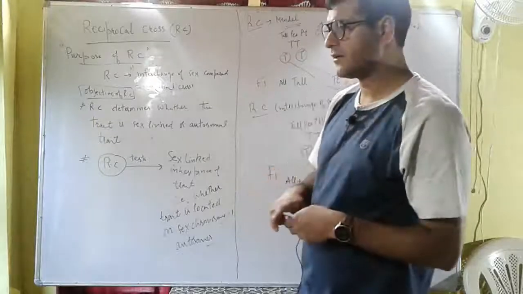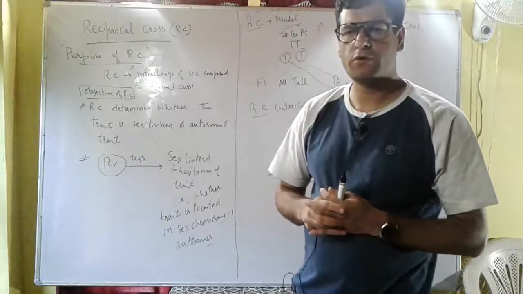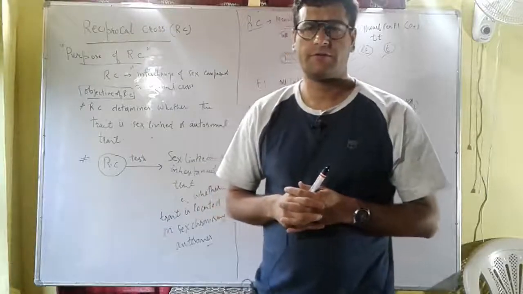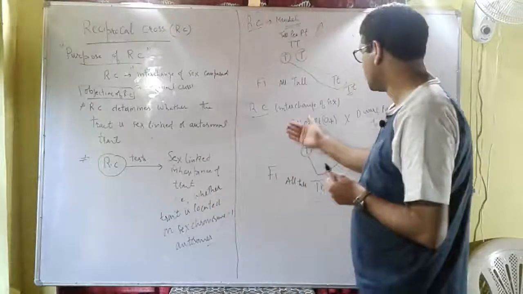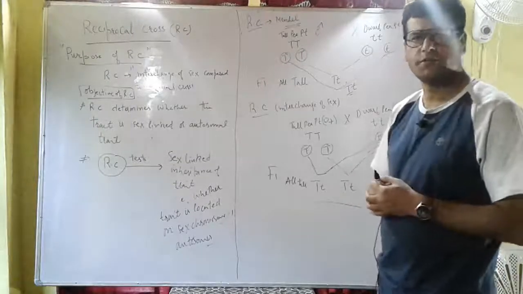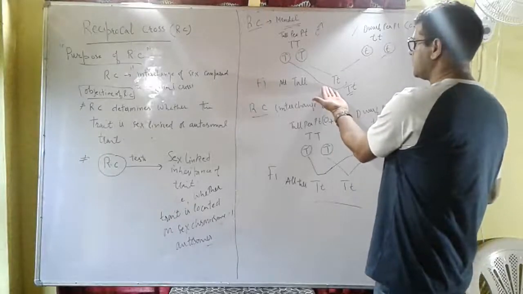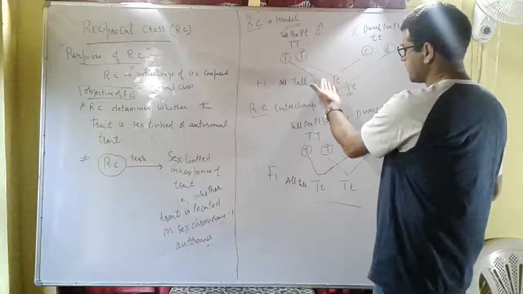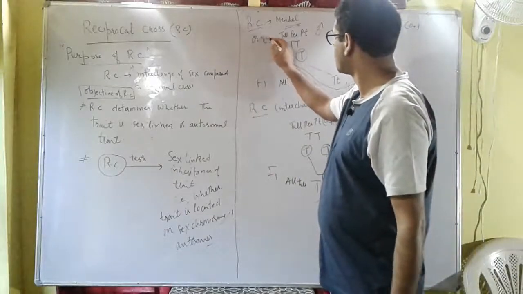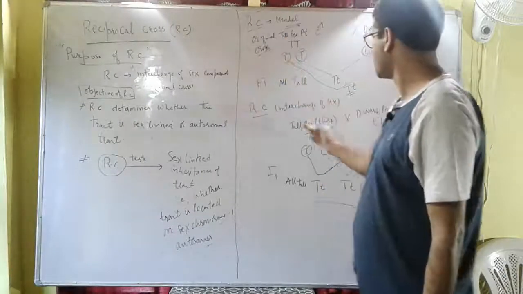Mendel observed that when he performed this reciprocal cross, there was no difference. The same offspring, the same progeny, was obtained in the reciprocal cross as in the original cross. This is the original cross, and this is the reciprocal cross.